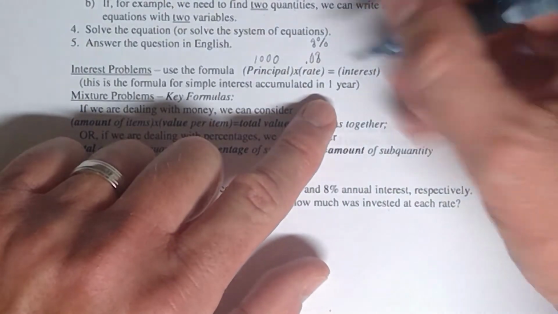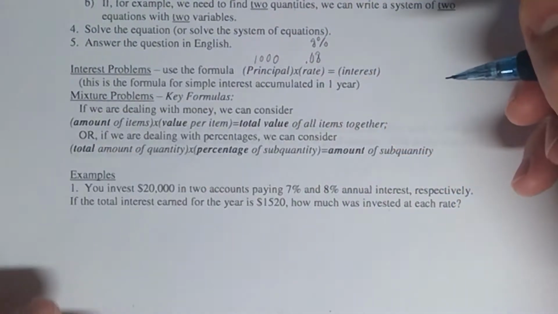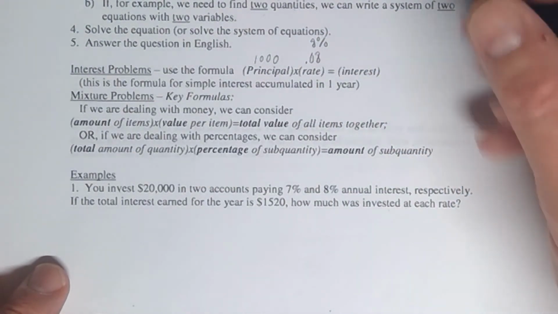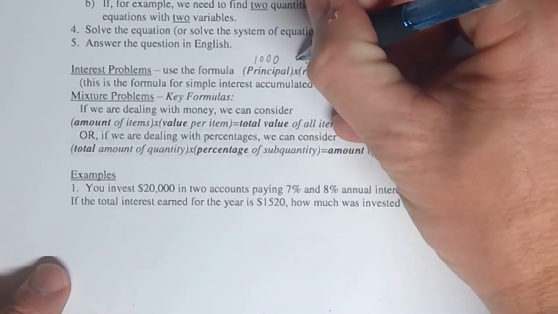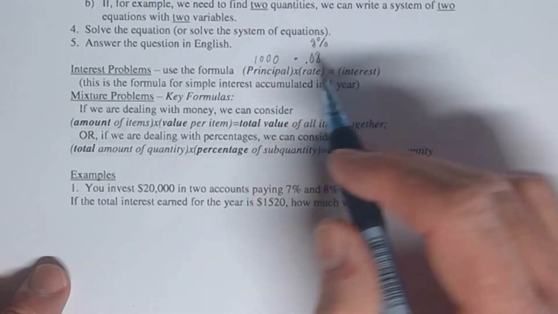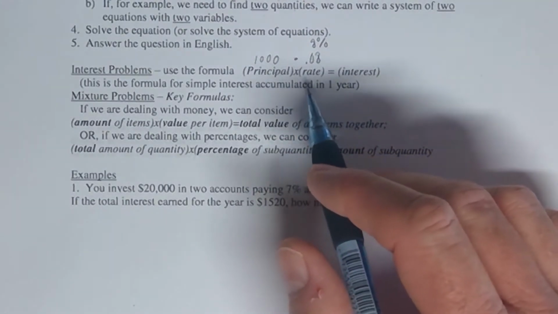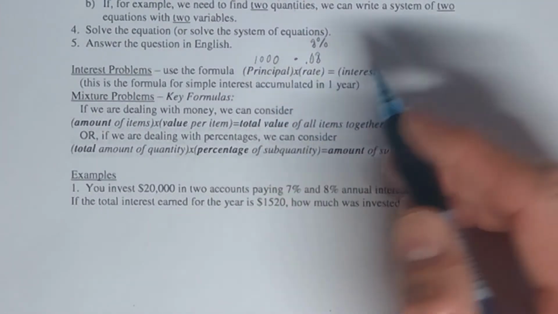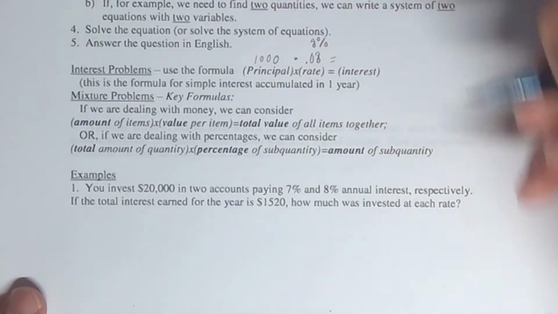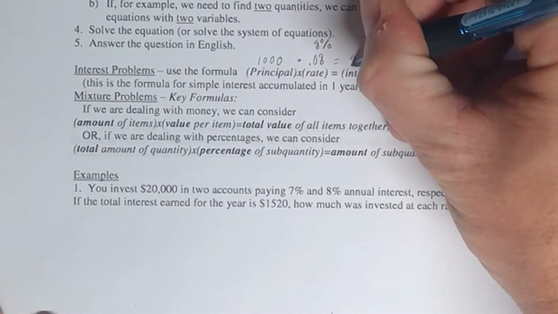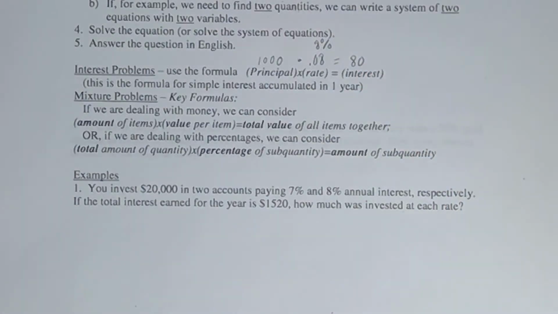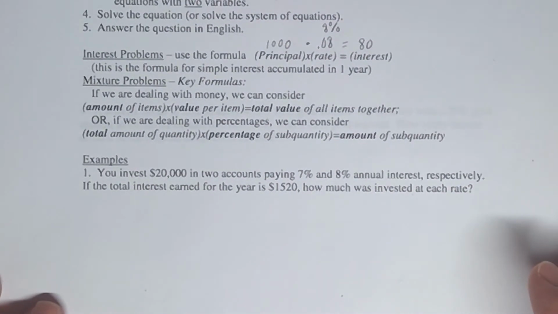The way to figure out the amount of interest that you earn over the course of a year, because this formula is just for 1 year, is to multiply these two things together. Principal times rate is equal to interest. What is 1,000 multiplied by 0.08? If you put that in your calculator, that is $80. I just wanted to make you familiar with how the formula works. Principal times rate is equal to interest.